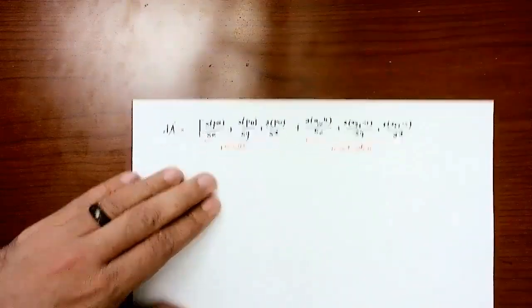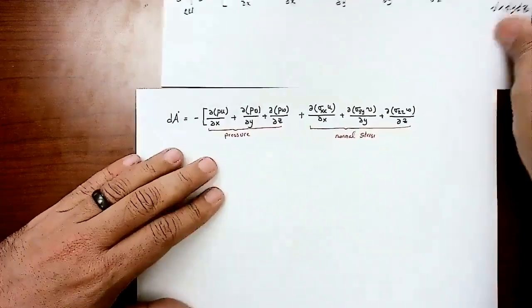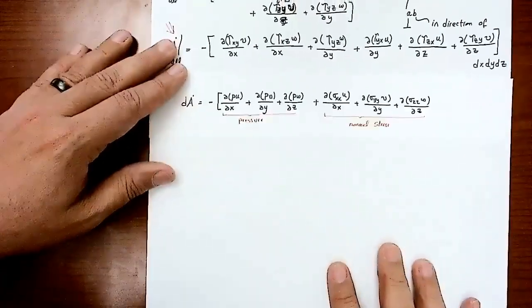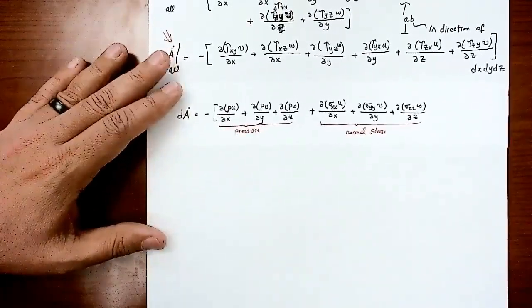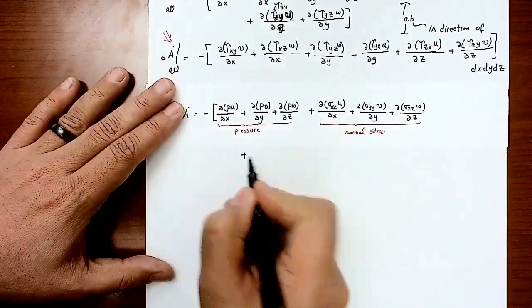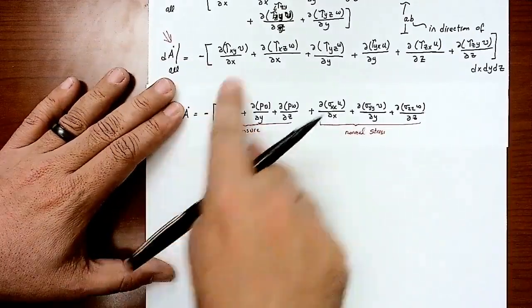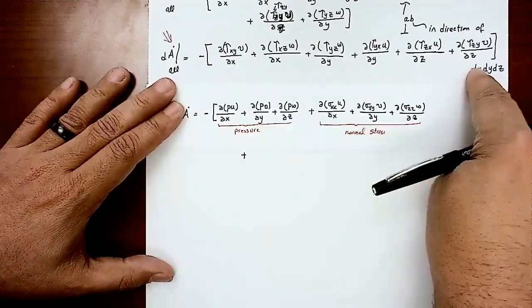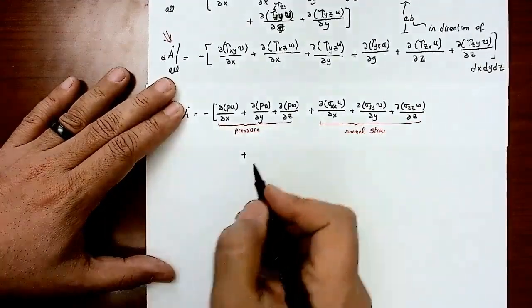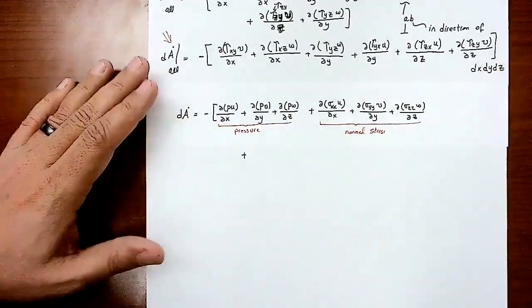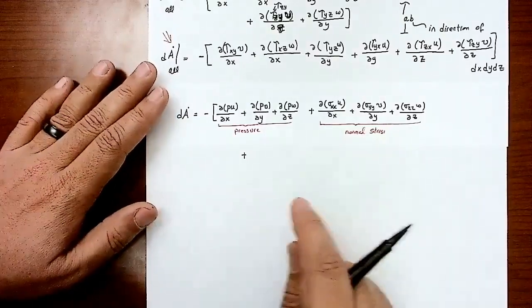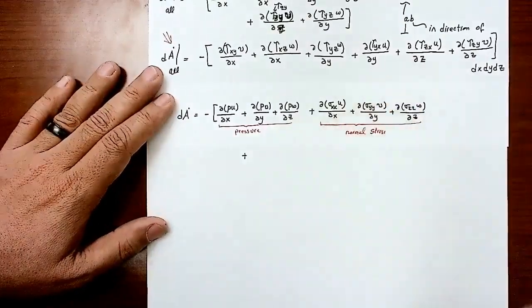I'm going to keep it for now. Then I'm going to go for that big term that came from the shear stress, 6 components. So I will add up plus. The negative is already taken out. Then you're going to list all of these again. Let's keep x, y, z next to each other. It's hard, it's 2 by 2.